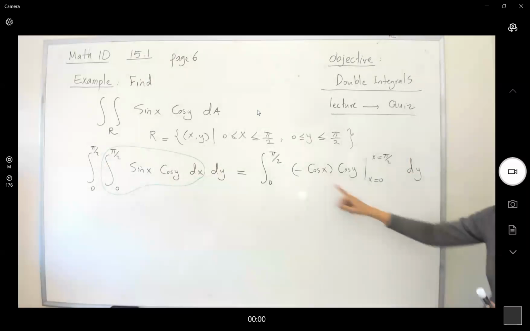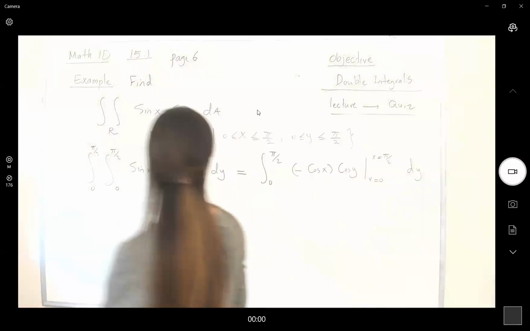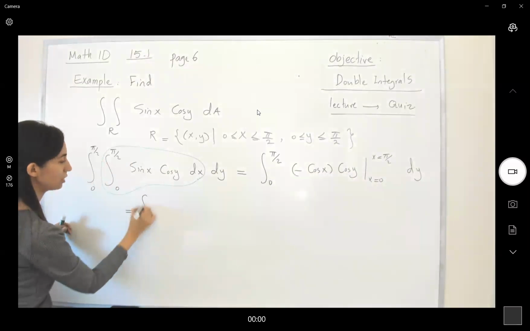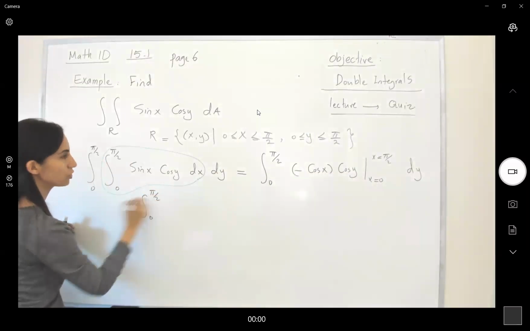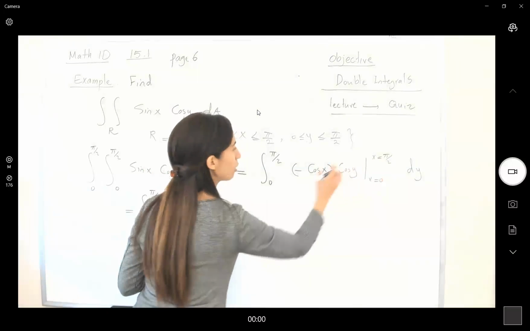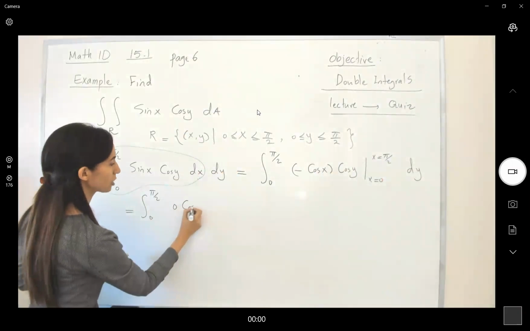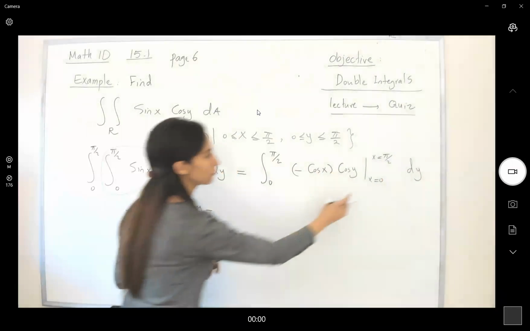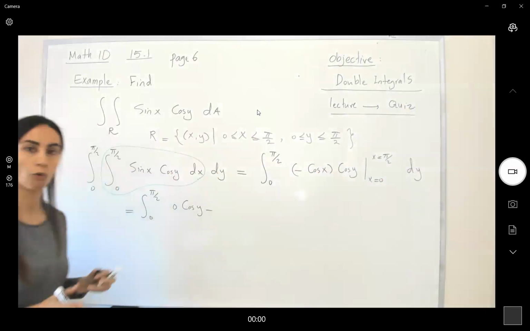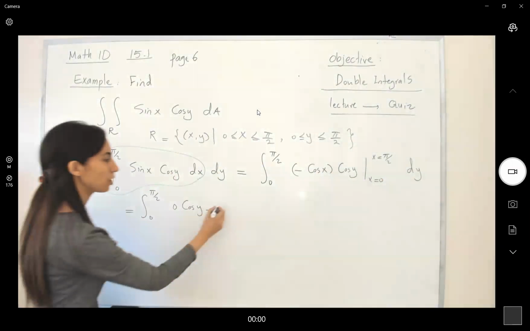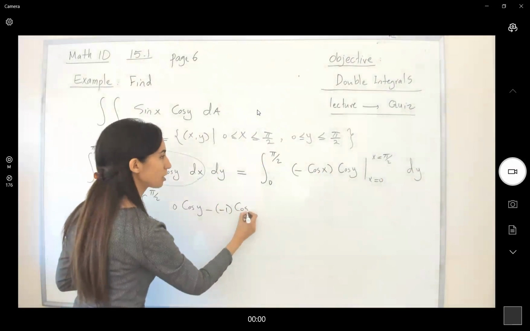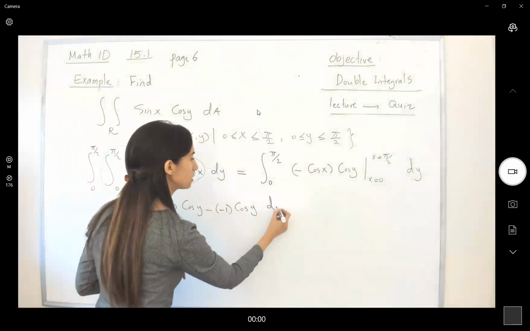Okay, let's plug these values in. Here we have the integral 0 to pi over 2. So if you plug in pi over 2, the cosine is equal to 0. So you have 0 times cosine y minus, if you plug in 0 here, you get 1. And since you have a negative sign, you get negative 1 times cosine y dy.